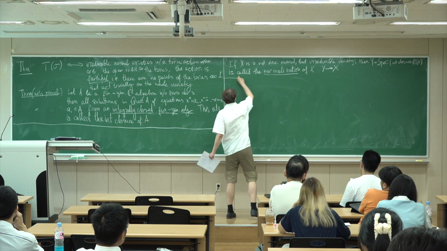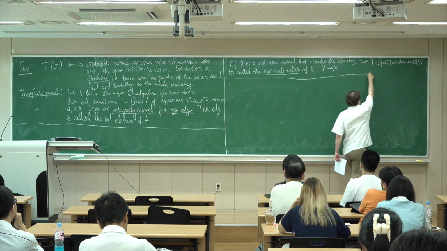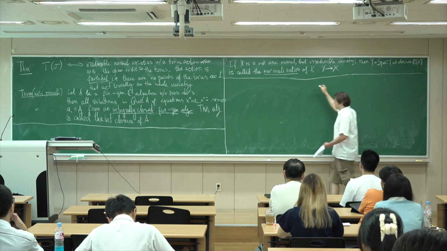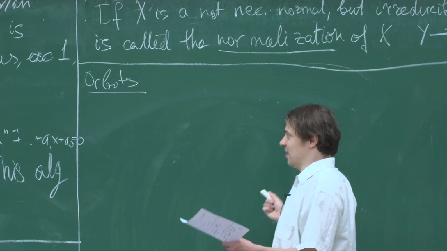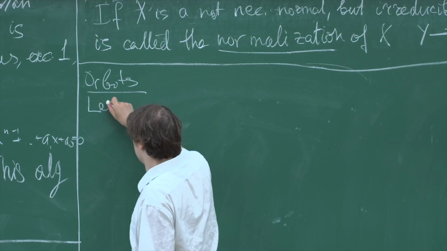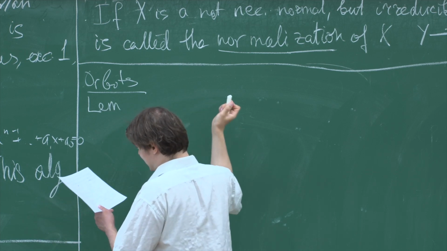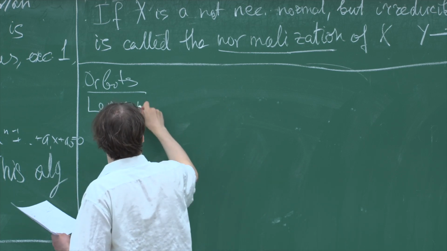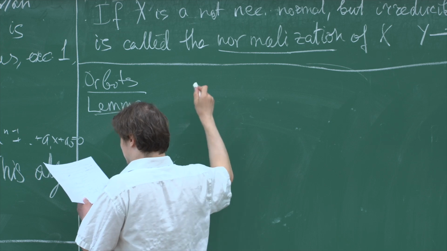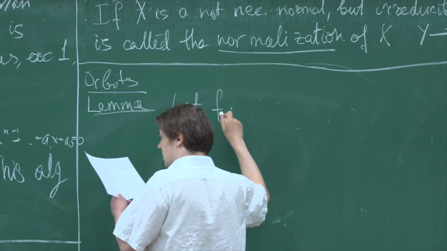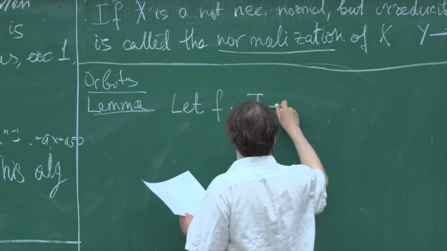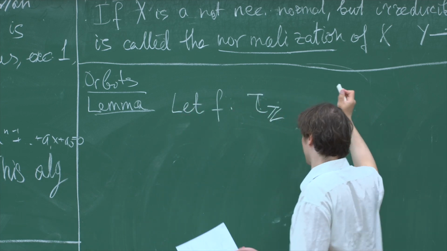Now let us talk about orbits of the torus action. Okay, we start with a lemma about combinatorial geometry. Suppose we have a multiplicative function on the integer points of a cone.